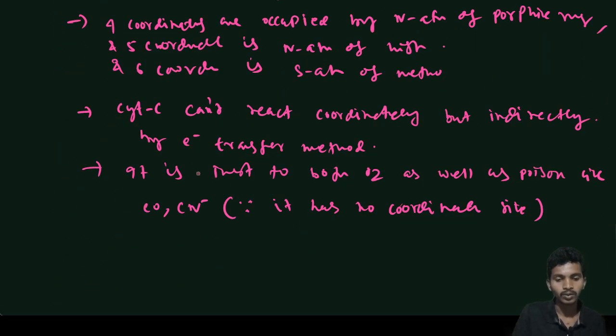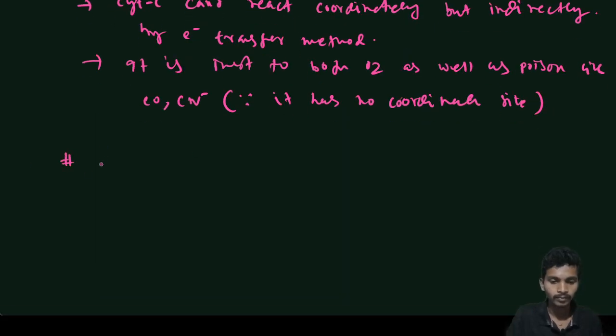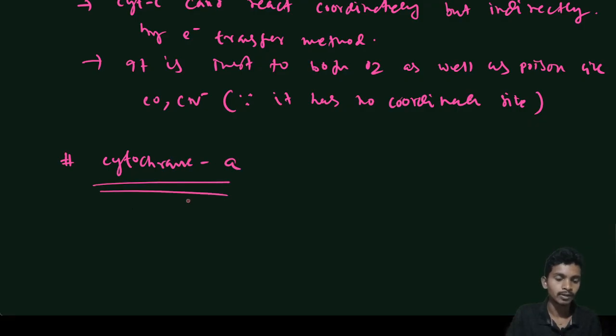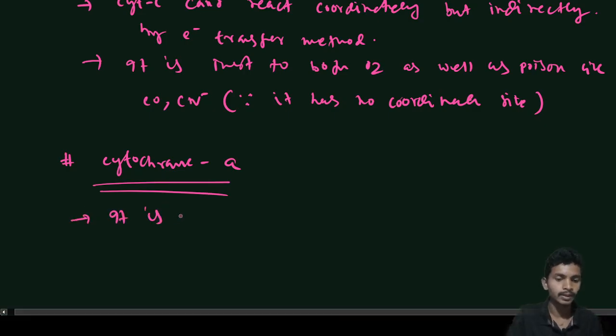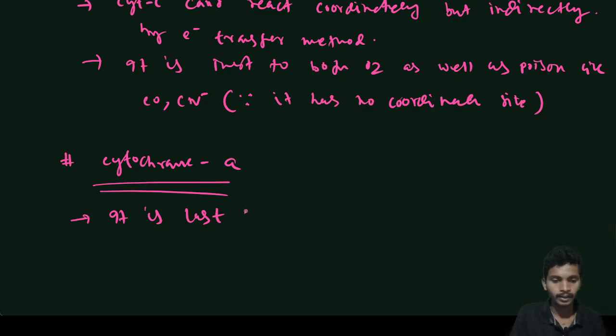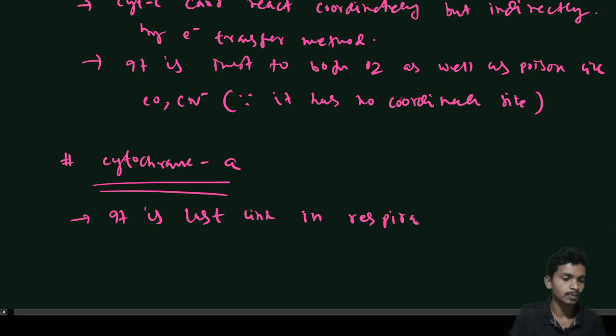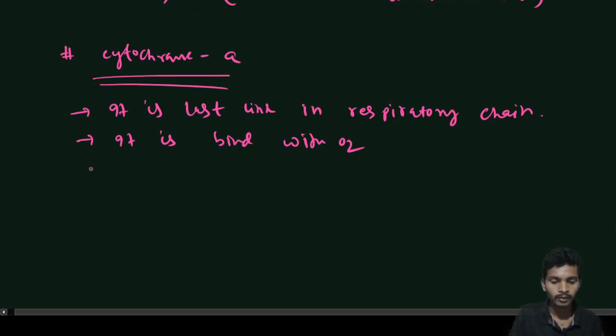Now next we will discuss cytochrome A. What we find is that it is the last link in the respiratory chain, and it binds to O2 and reduces it.